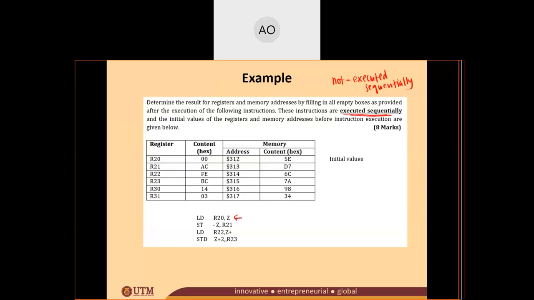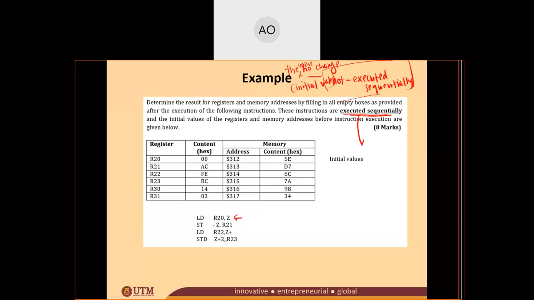If not executed sequentially, it means the register value or the address value does not change, so you need to take the initial value. For executed sequentially, you need to take the current value based on the previous instructions.